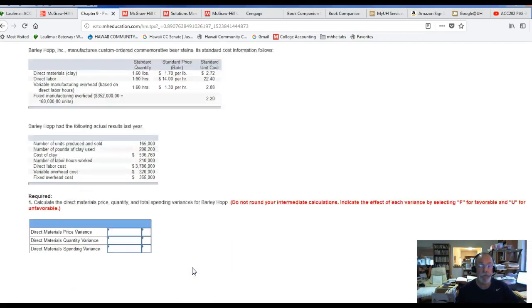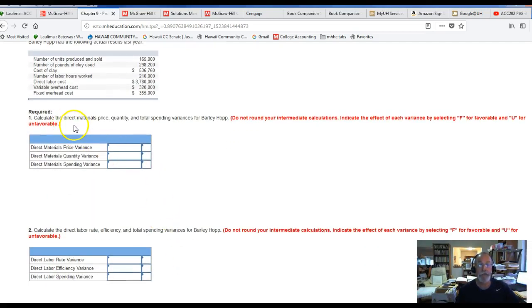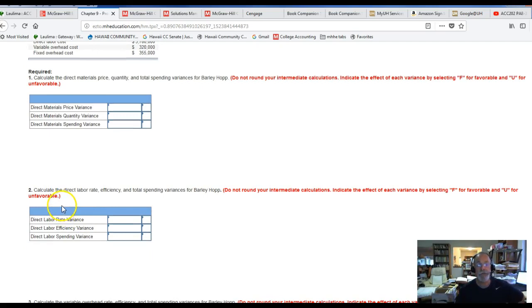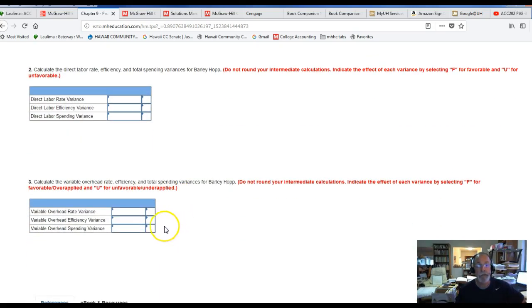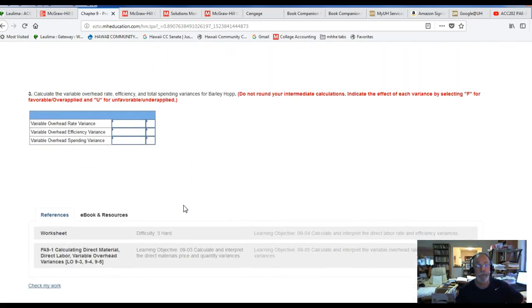In requirement 1, we're being asked to calculate direct material price, quantity, and total spending variances. In requirement 2, they're asking us to calculate direct labor rate, efficiency, and total spending variances. And then in requirement 3, they're asking us to calculate the variable overhead rate, efficiency, and total spending variances.